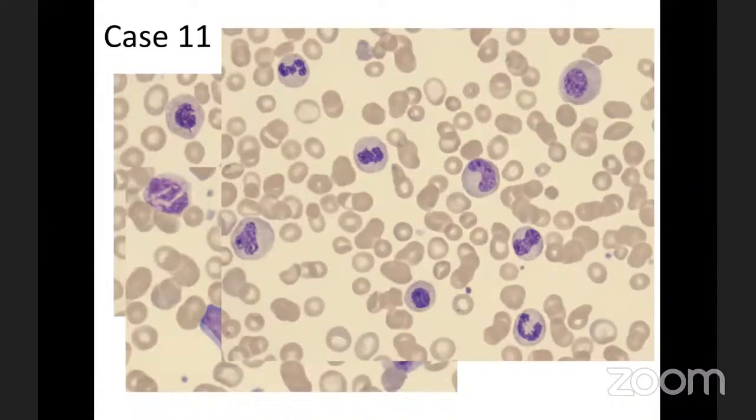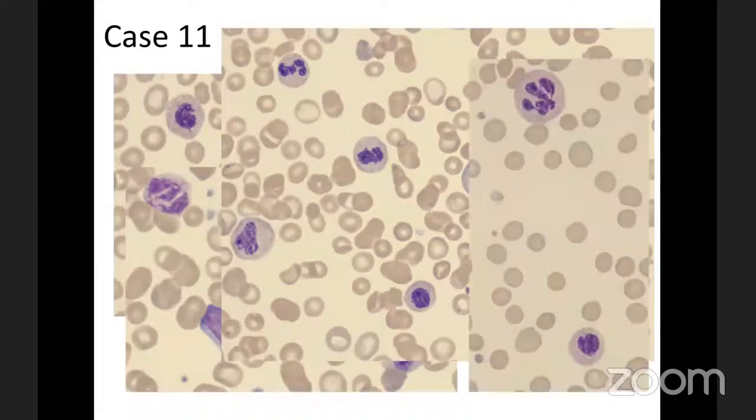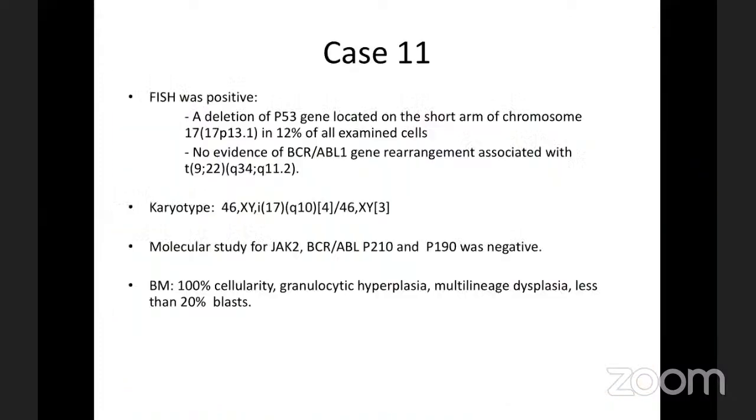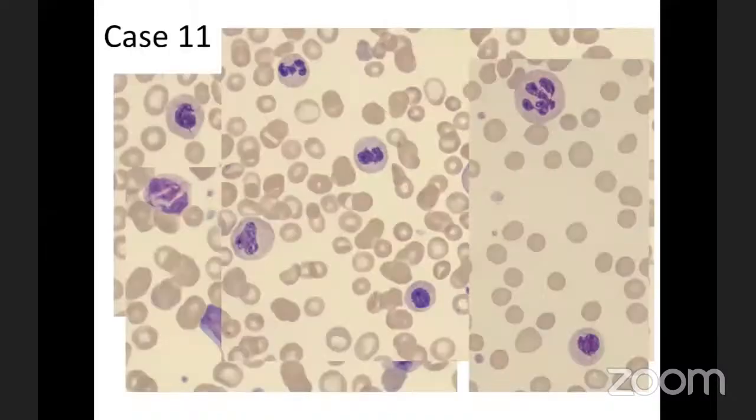So this is a dysplastic change in the circulating neutrophils, mainly abnormality in the nuclear, few hypogranular cells, rare blast, and this is a bizarre segmentation in the neutrophil together with monolobed neutrophils.